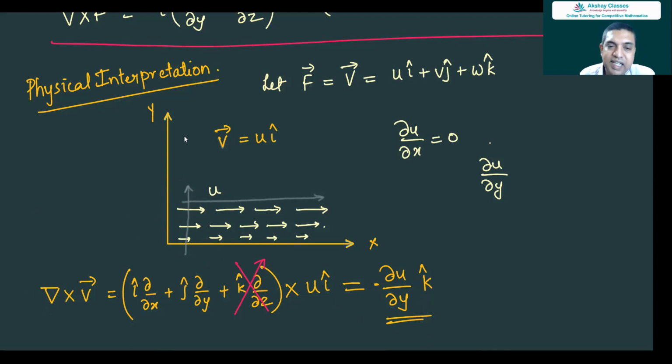What it is saying is, if I put a matchstick like this as the fluid is flowing, because the flow at the top is greater than the flow at the bottom, this matchstick will tend to rotate.